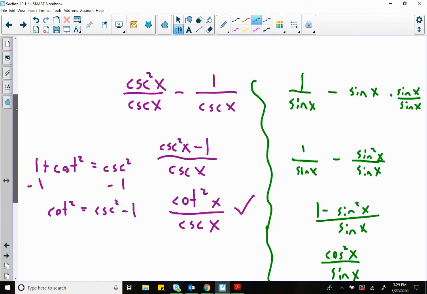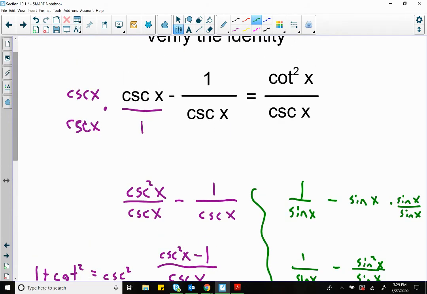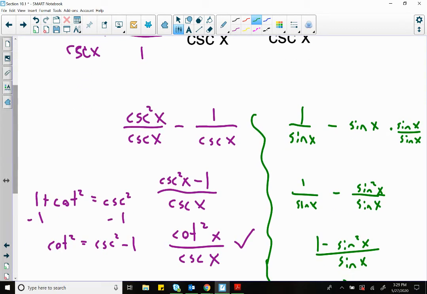Let me go back and double check my work. So that's 1 over sine. This becomes sine squared. Sine down there.